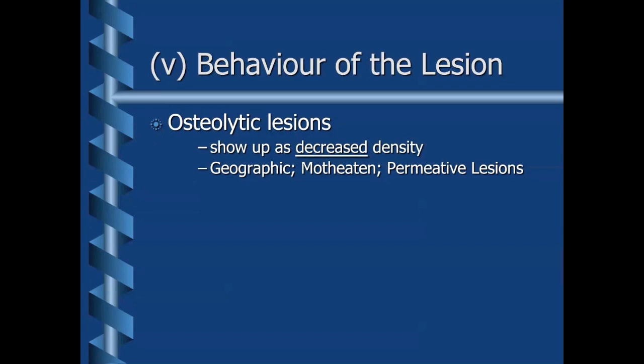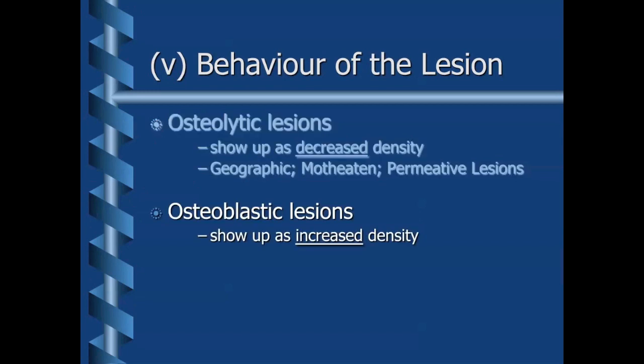Or it could be a permeative lesion, which looks like a sponge. And secondly, there are osteoblastic lesions, which are essentially the opposite to osteolytic lesions, and they show up as increased density. So we have osteolytic lesions, which have decreased density, and osteoblastic lesions, which have increased density.